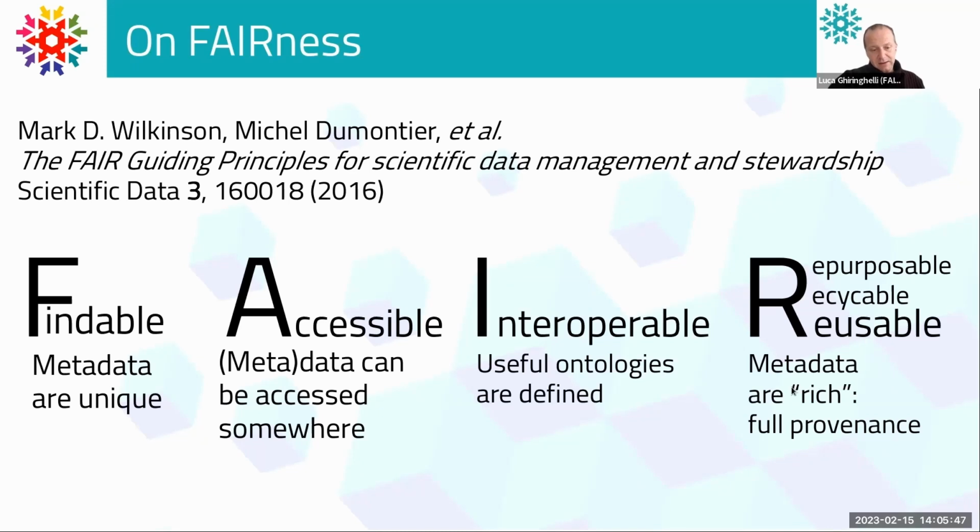And then the idea that the data should be reused in some sense or for different purposes than the one that they were initially produced for. And this calls for the concept of provenance, that is basically tracing all the history of any piece of data, where it came from.